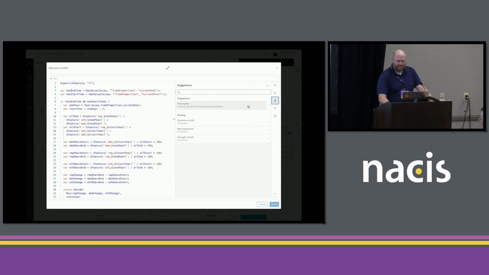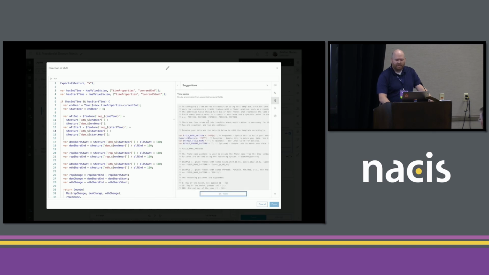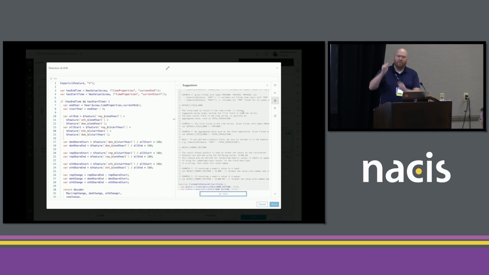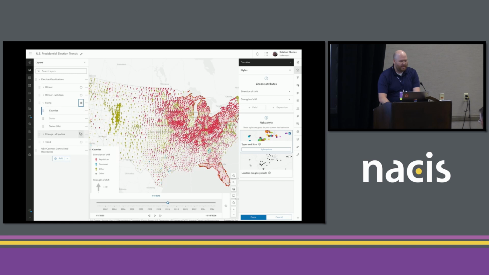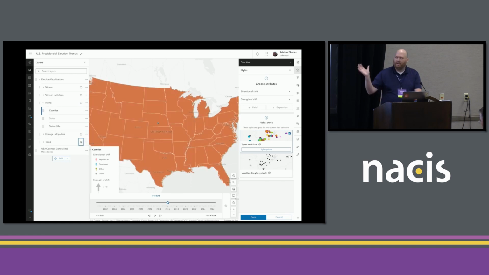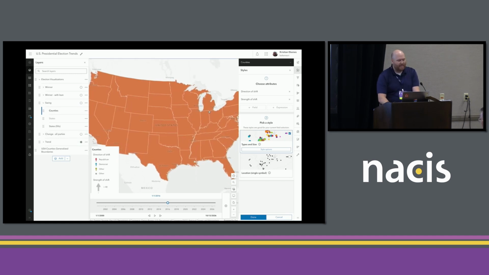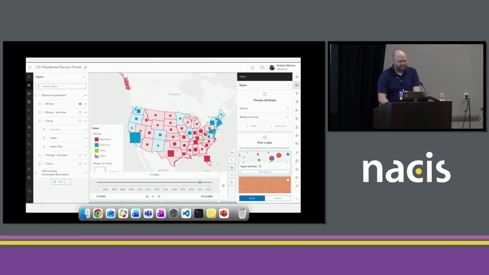And you also have this time series suggestion. This is available in any web map, so if you open up ArcGIS Online, you will see this expression available. You just have to fill in your variables there, and you'll get this time slider, and it will work. So I did that with these first 3, and then set up default symbology, because I can't set up the composite symbols in Online at this point.